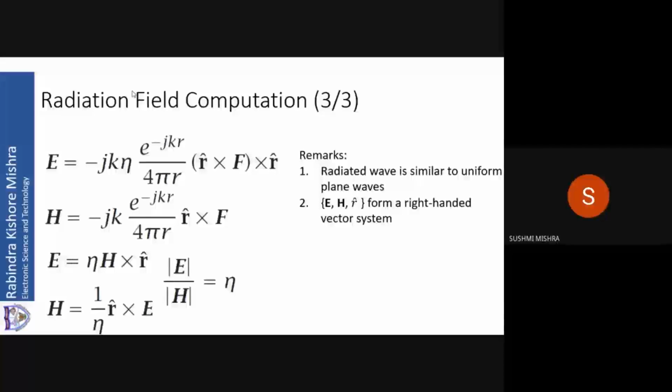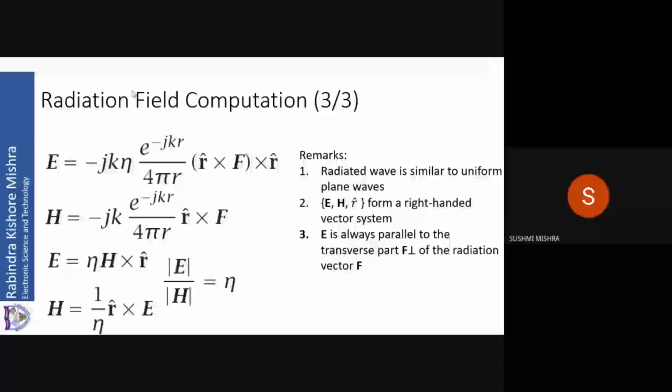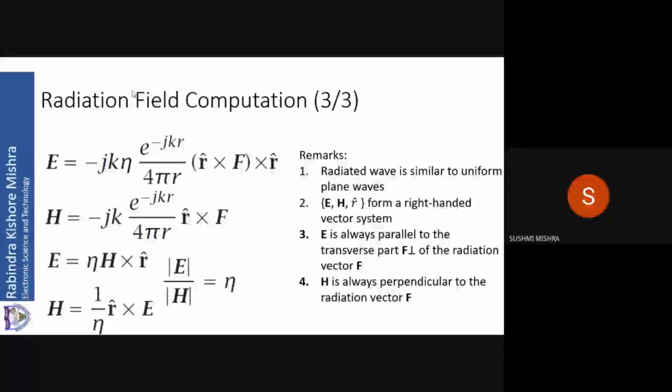Right? Uniform plane wave. In the uniform plane wave, E, H and r cap, where r cap is the direction of propagation, are perpendicular to each other. E and H are in one plane. R cap is perpendicular to that plane. So it is similar to a uniform plane wave.